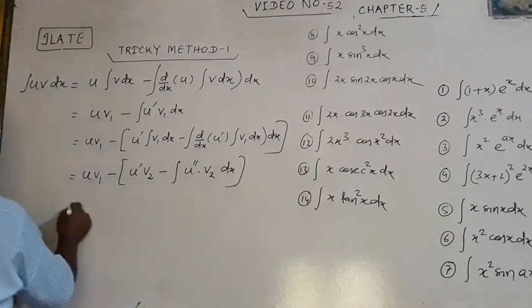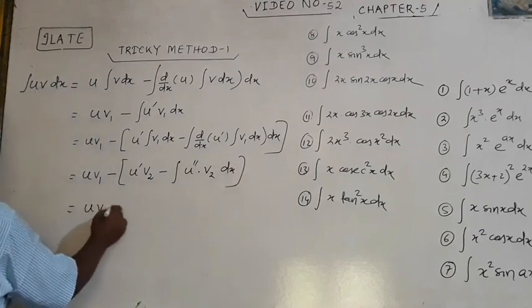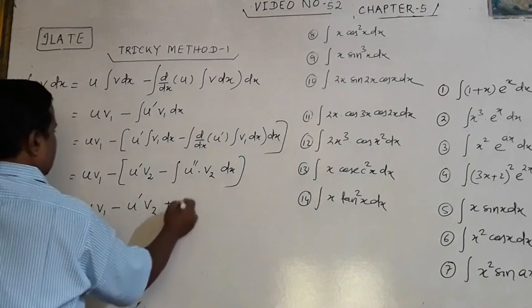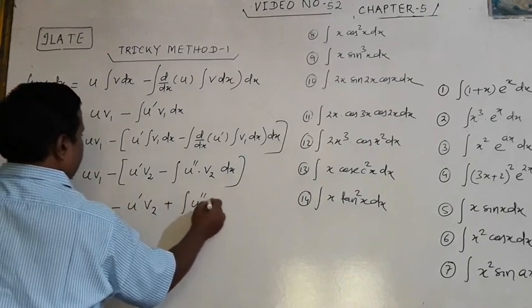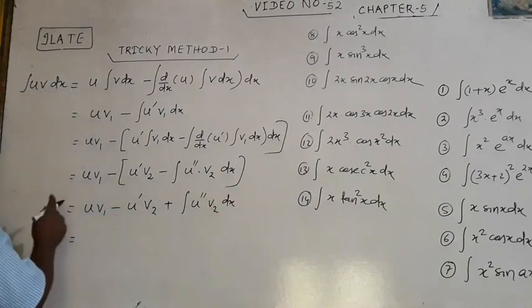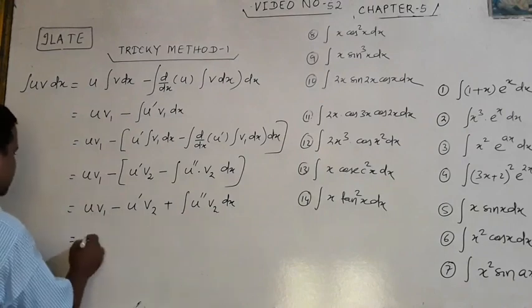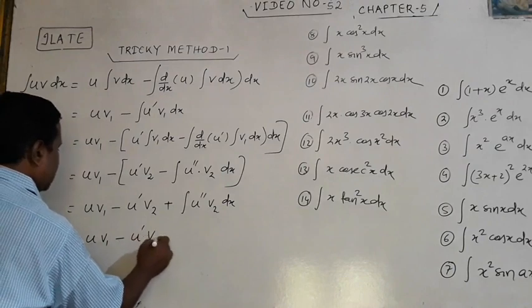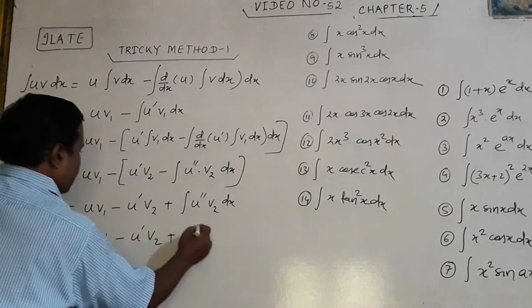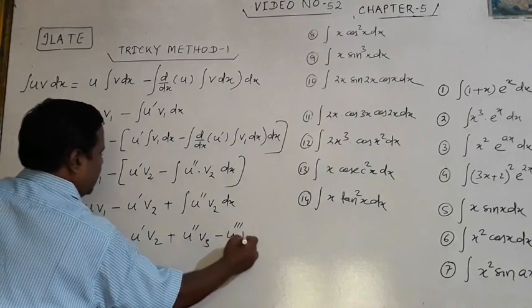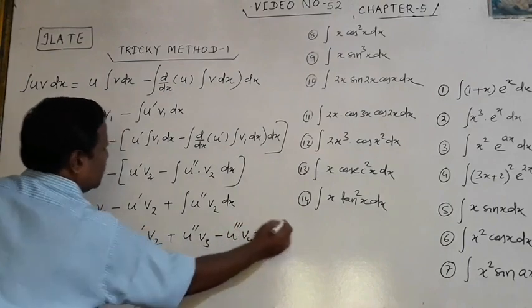Now it is u v1 minus u dash v2 plus integration u double dash v2. When you continue in this process, it becomes u v1 minus u dash v2 plus u double dash v3 minus u triple dash v4 and so on.